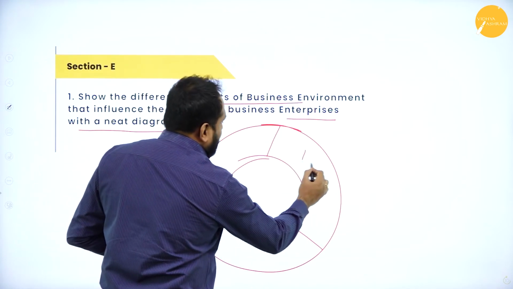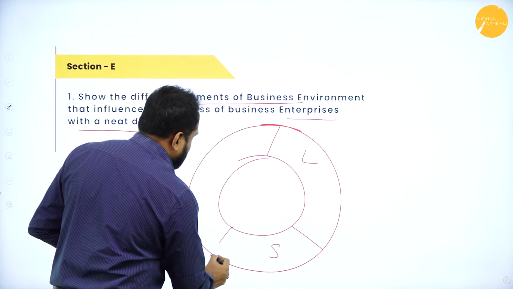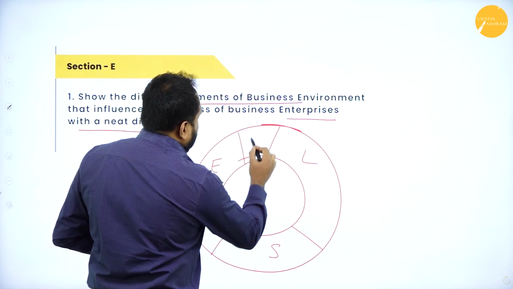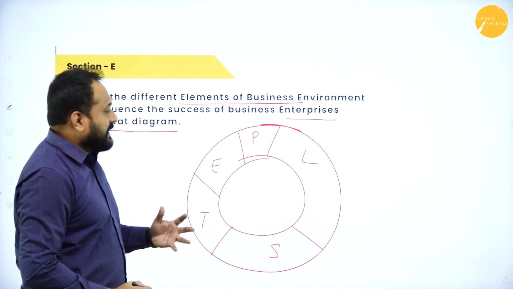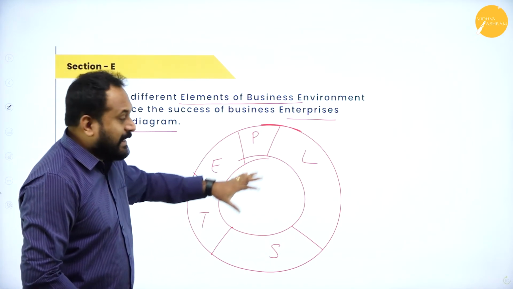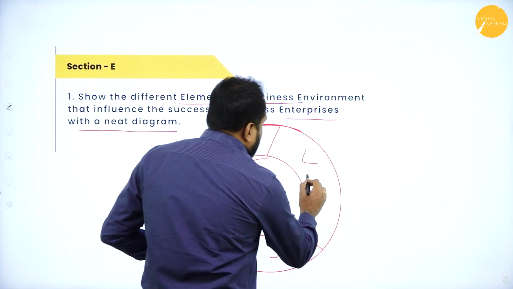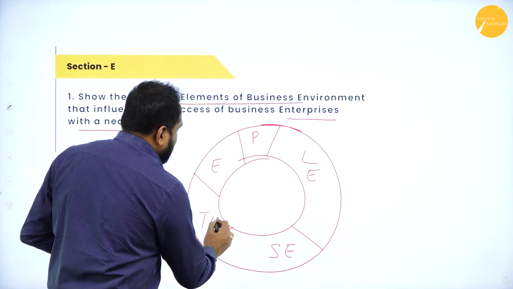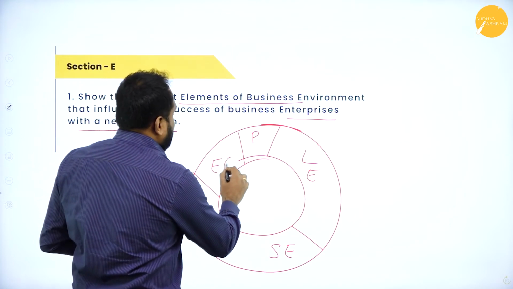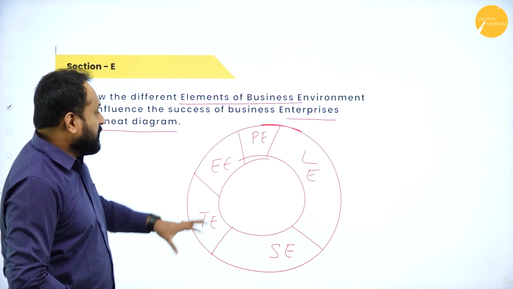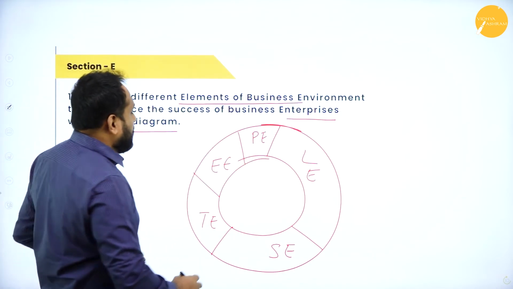Now you have L, S, then you have T, then you have E, and then you have P. So we call this the L step. Now you can rearrange properly and then you can write L in the sense legal environment, then S in the sense social environment, T in the sense technological environment, E in the sense economical environment, and P in the sense political environment. So these are called the elements of business environment.